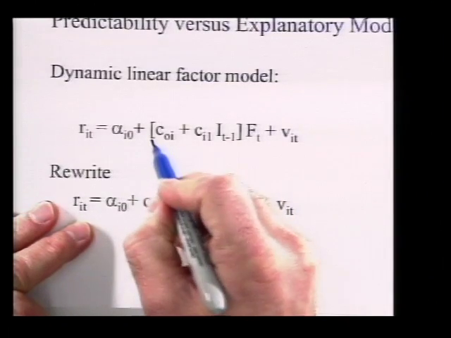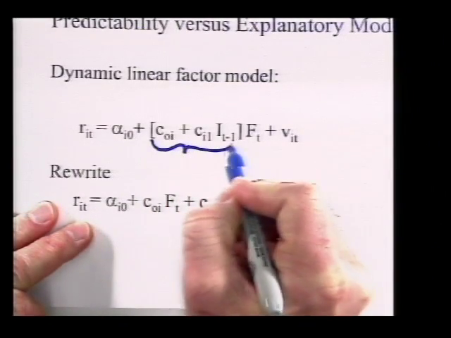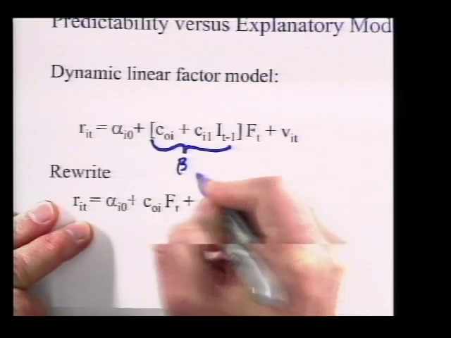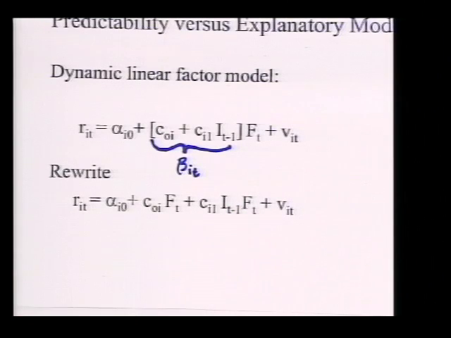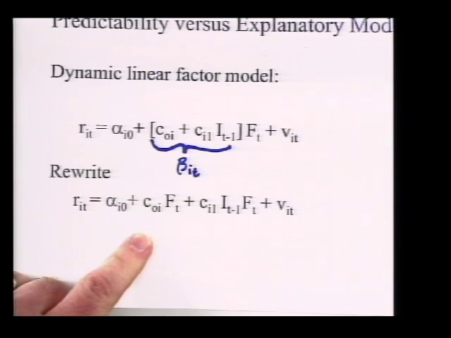In the first equation, all I've done is put my definition of beta right here. That was the beta for i. Substituted it in. The next equation, I'm just going to rewrite to get rid of the brackets.